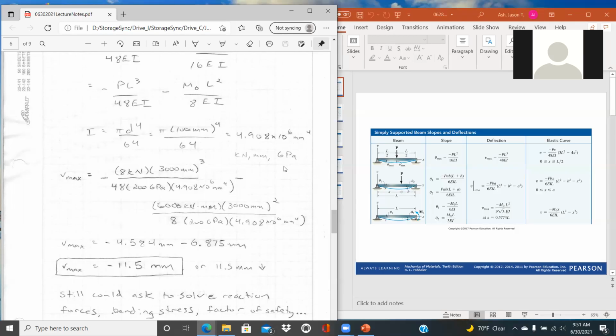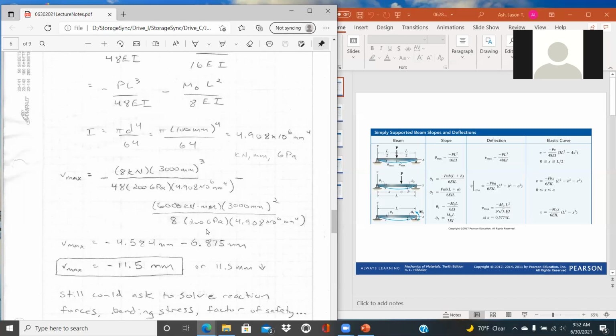And so when we do that, the load P is 8 kilonewtons. The length of the beam is 3 meters, so that's 3,000 millimeters. E was 200 gigapascals, and I we just solved for. The moment was 6 kilonewton meters, and so that's 6,000 kilonewton millimeters.